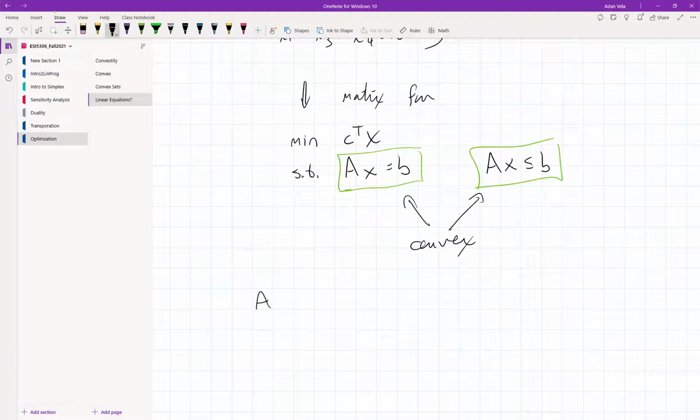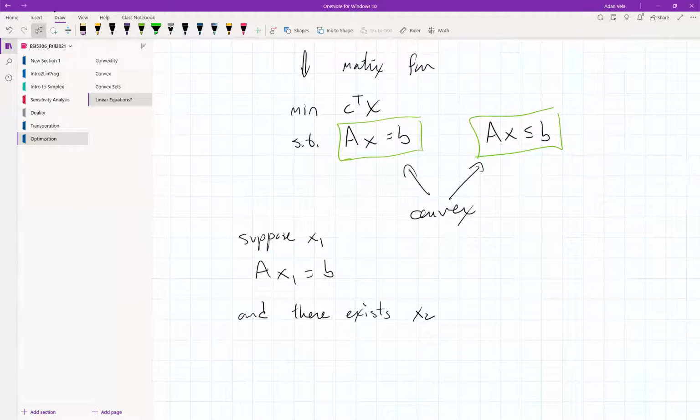So suppose we have an x1 where A times x1 is equal to b, and there exists an x2 where A x2 is equal to b.